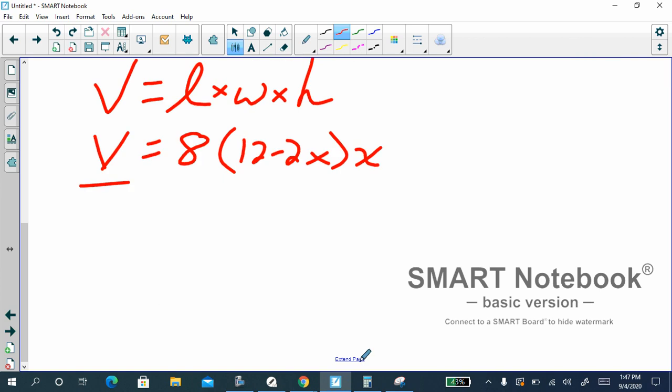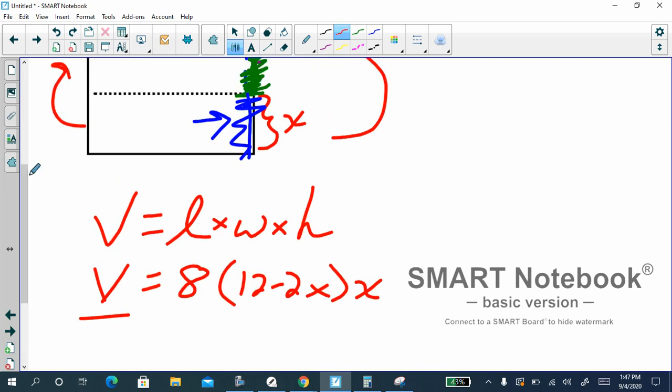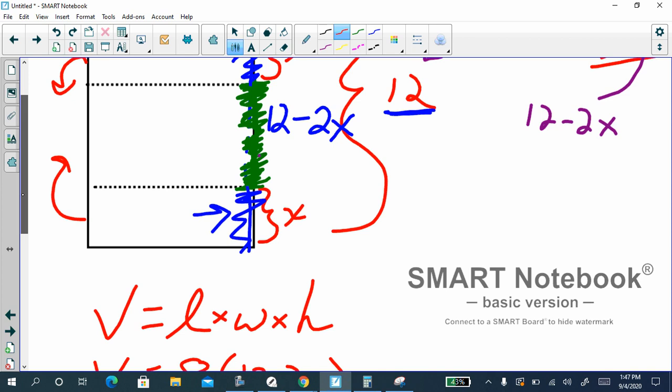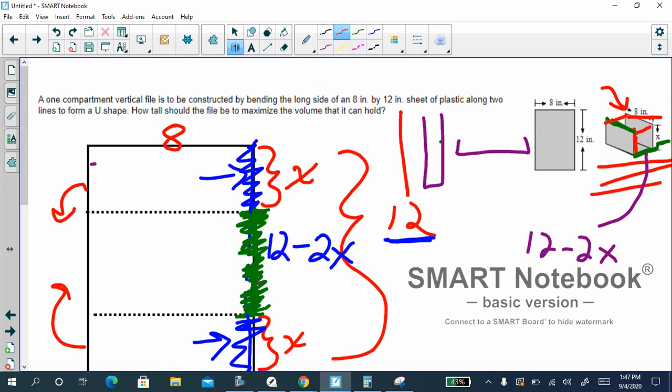Now we could just pick a distance, plug it in and find a volume, pick a distance, plug it in and find the volume, but we might not be guaranteed to find the largest volume doing it that way. What do I mean? We talked about this illustration up here about picking different distances from the edge to make our fold. We could say, well, if our distance from the edge is 1 unit, what would that volume be?